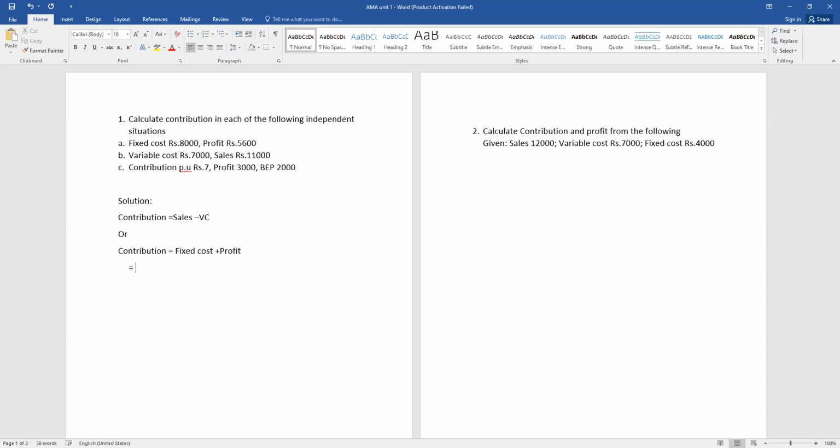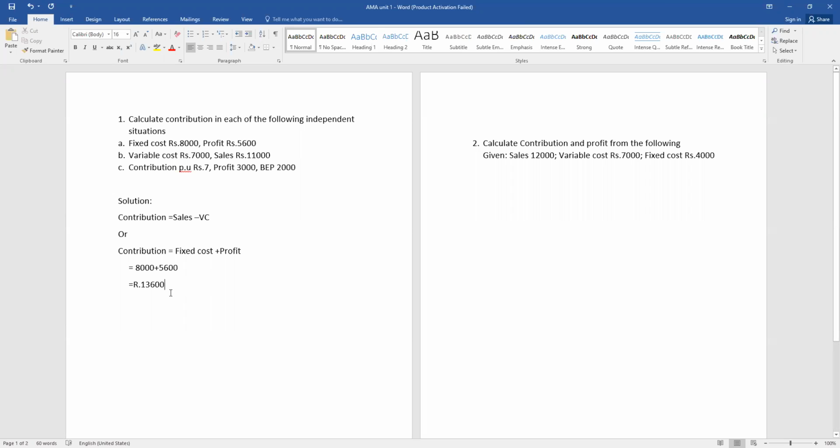Fixed cost is given as 8,000 plus the profit of 5,600, and this put together gives me contribution. 8,000 plus 5,600 is rupees 13,600. So you should find out, depending upon the situation, which equation is applicable. So this is the answer for the A situation.